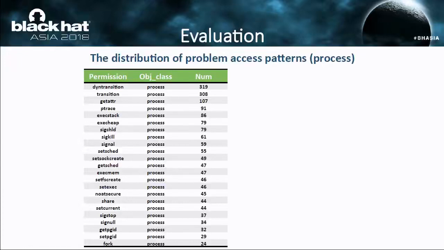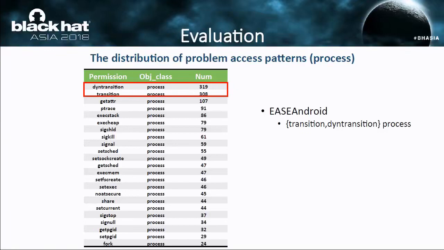Here we also do a statistical analysis based on the process, because previously we focused on the file type. As reported in SEAndroid, they report the transition and die transition processes, two types of problem access patterns. And we can see that our VSP manner also has a better result.